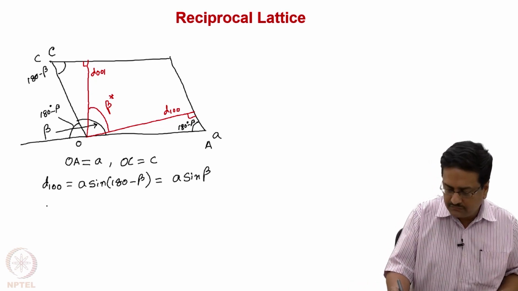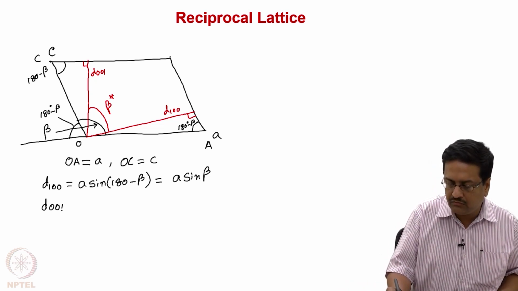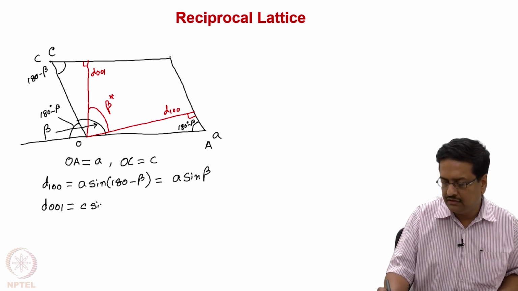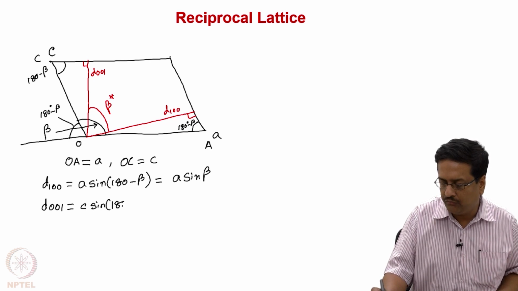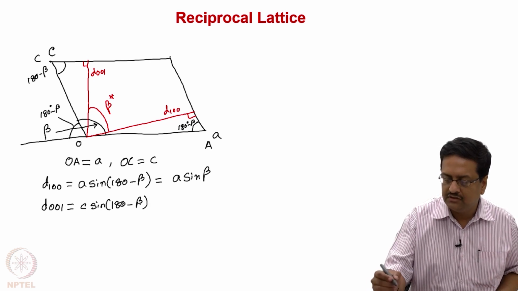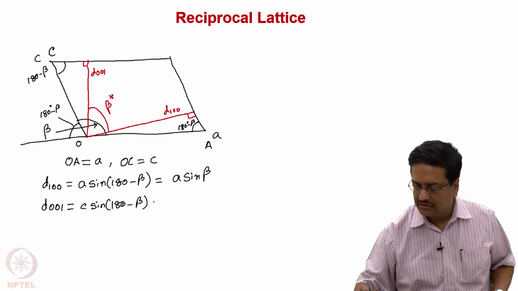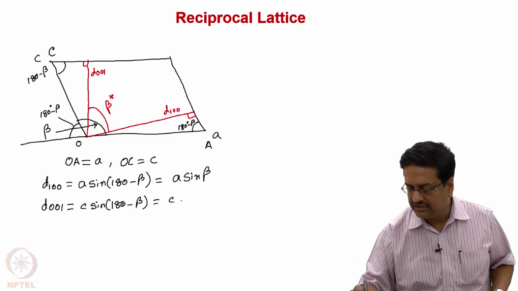Similarly, D001 is equal to C sine 180 minus beta. We are talking about a triangle here, which is again equal to C sine beta.